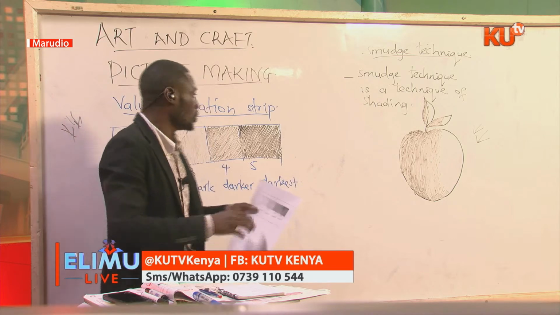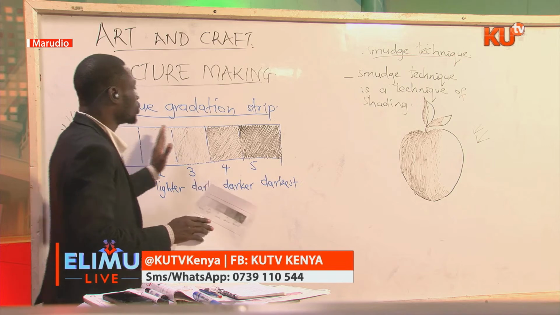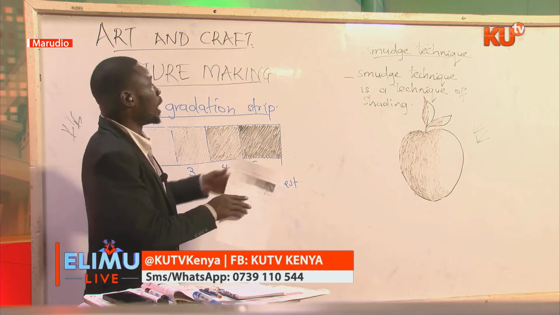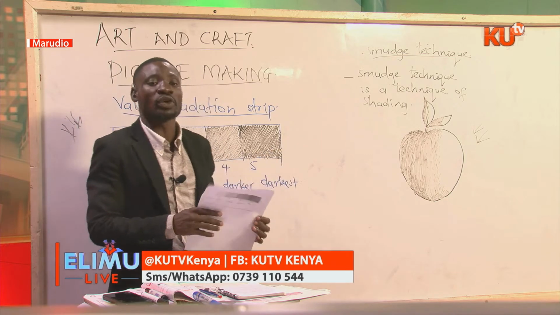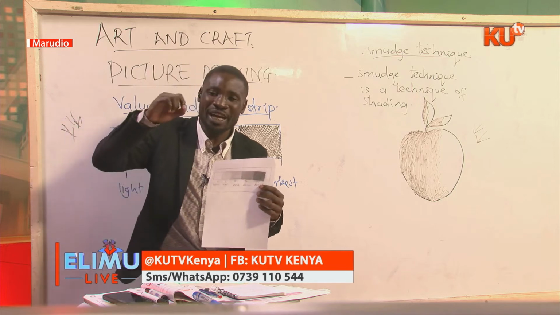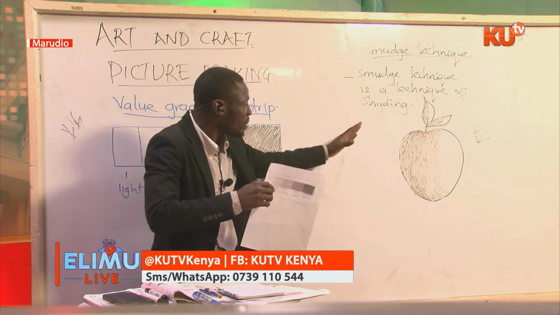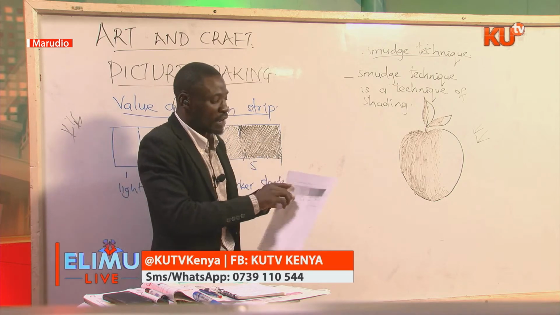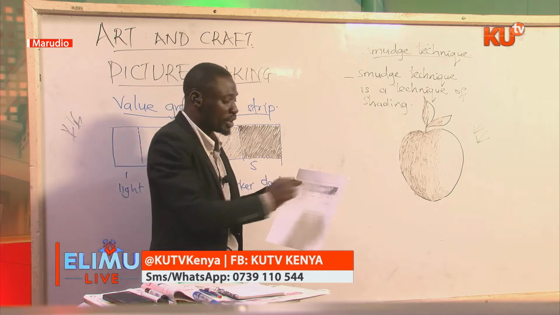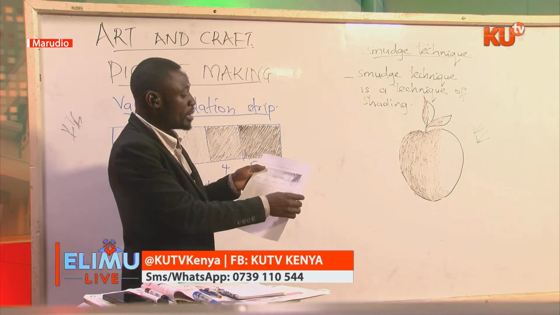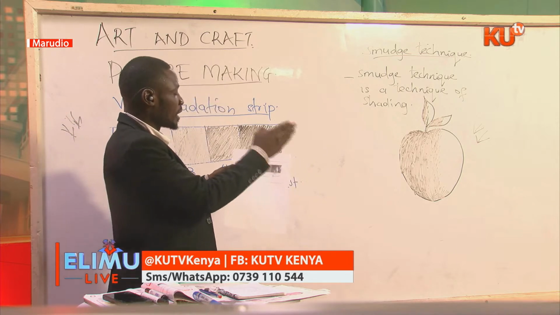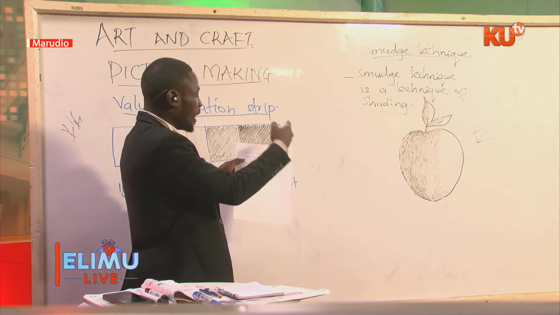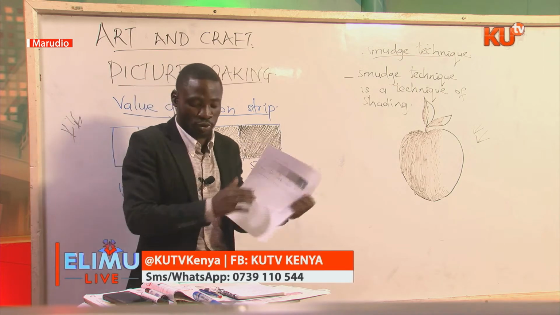And here is a value gradation that helps us know how to shade a form, so that we can come up with a form or an item. After drawing, the person who will be observing will be able to know where the light is coming from, and which part is darker, which part is lighter. And that is what we've learned today.